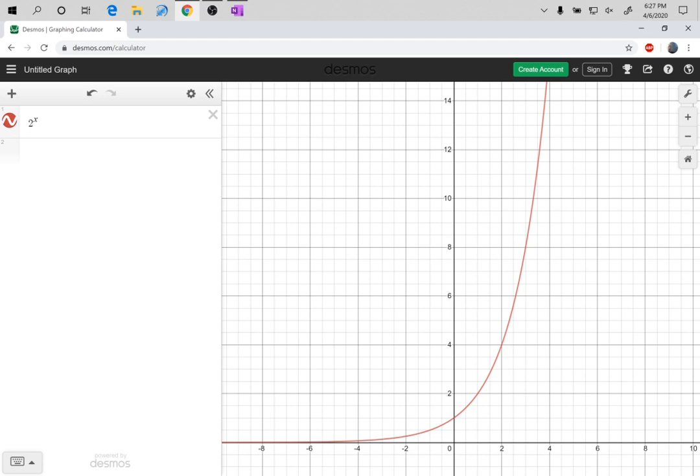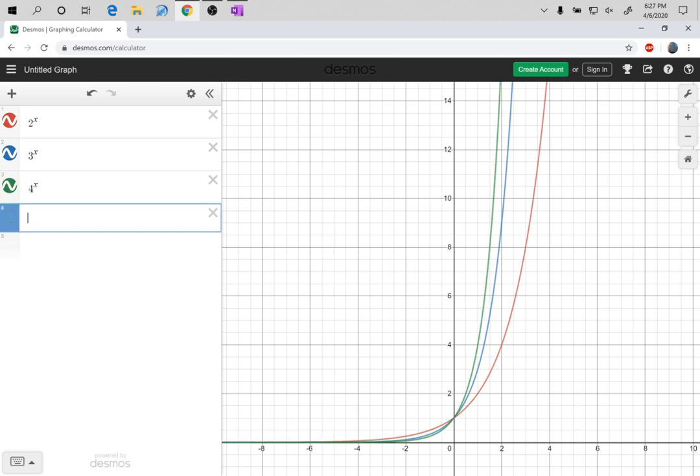Now for the next function, I'm going to have 3 to the x, and as you see, it moves a little bit closer to the y-axis because it grows faster. And then we are going to have 4 to the x. And as you can see, it's even closer to the y-axis because that one grows even faster, right?